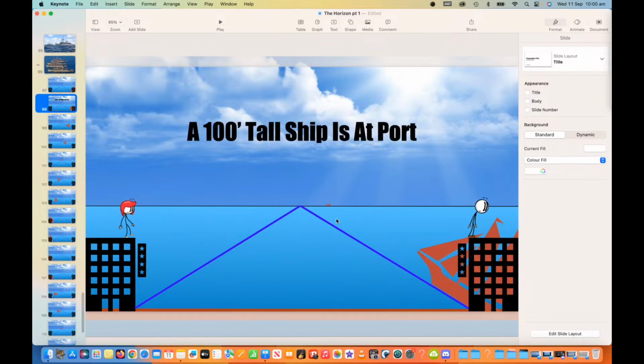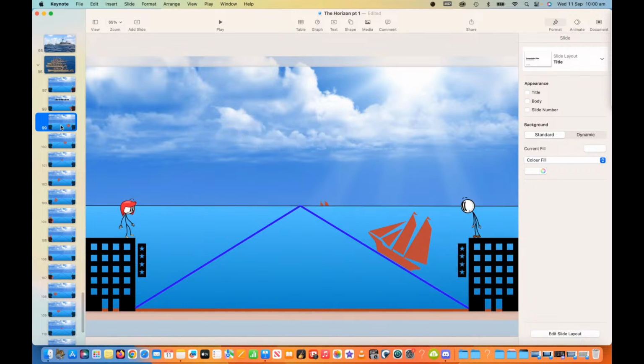But now as it starts to move, he sees it get higher in his vision. All right? She sees it start to get higher in her vision until they both see it on the horizon. Now that it's reached the horizon and it comes towards her, she sees it drop. He also sees it drop.